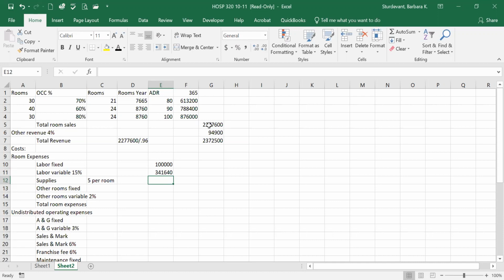Okay, so our supplies are $5 per room. So what we need to do up here is total up the number of rooms that we have, and then we can bring that down here.